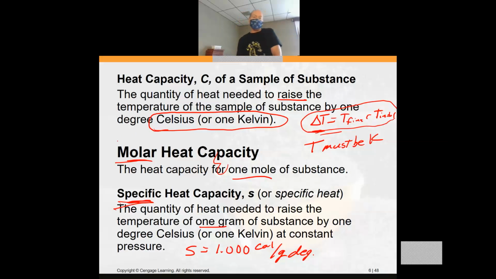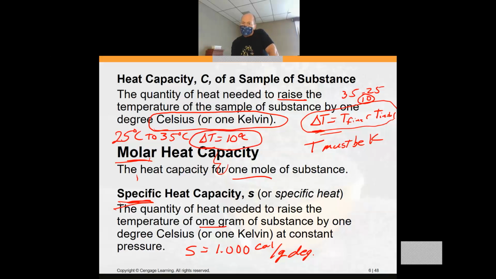So let's do an example. Let's say I'm going to do an exothermic reaction and it goes from 25 degrees Celsius to 35 degrees Celsius. All right, so I do my delta T. Final, 35 minus 25. My delta T is 10. So your delta T, final minus initial, is 10 degrees Celsius.